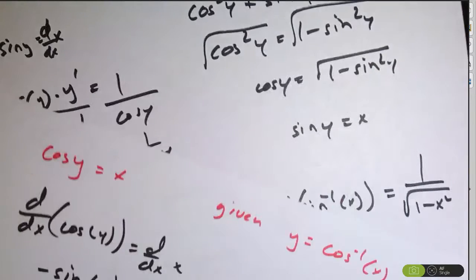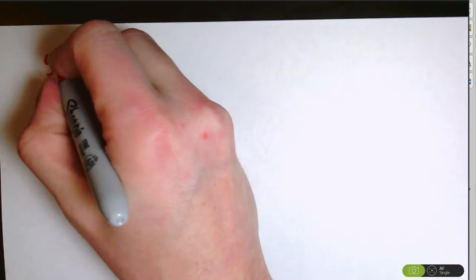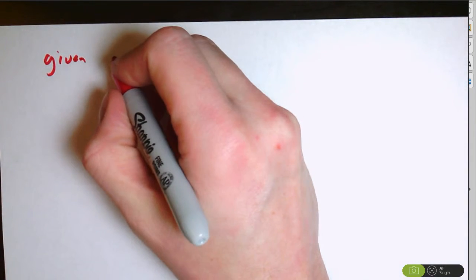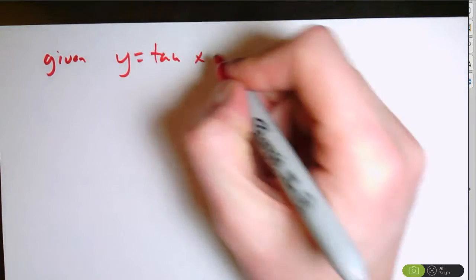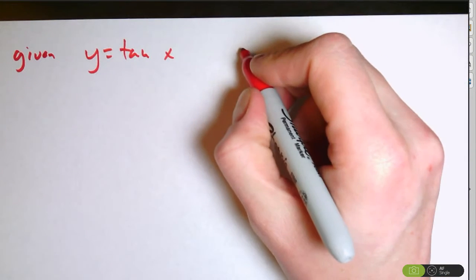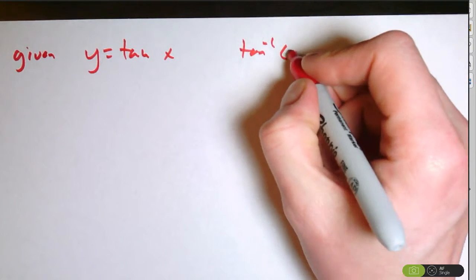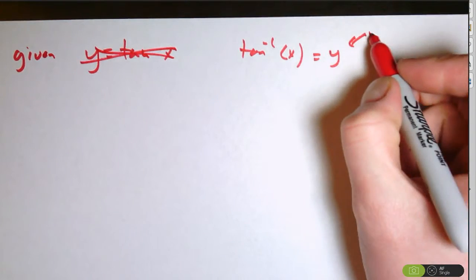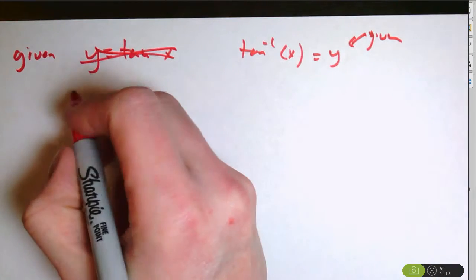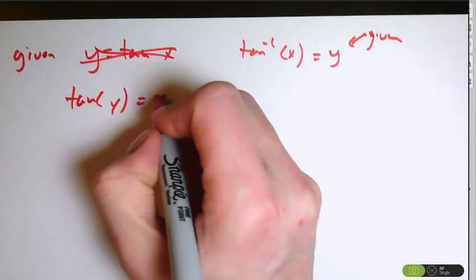Now, next one to do is tangent. So again, given y equals tangent of x, we will define inverse tangent of x as, given this, we'll just define this as tangent of y equals x.